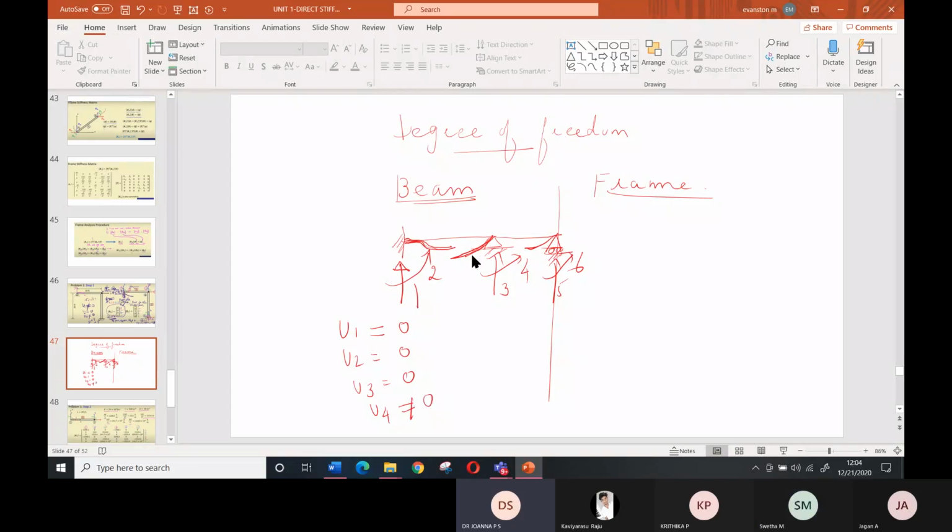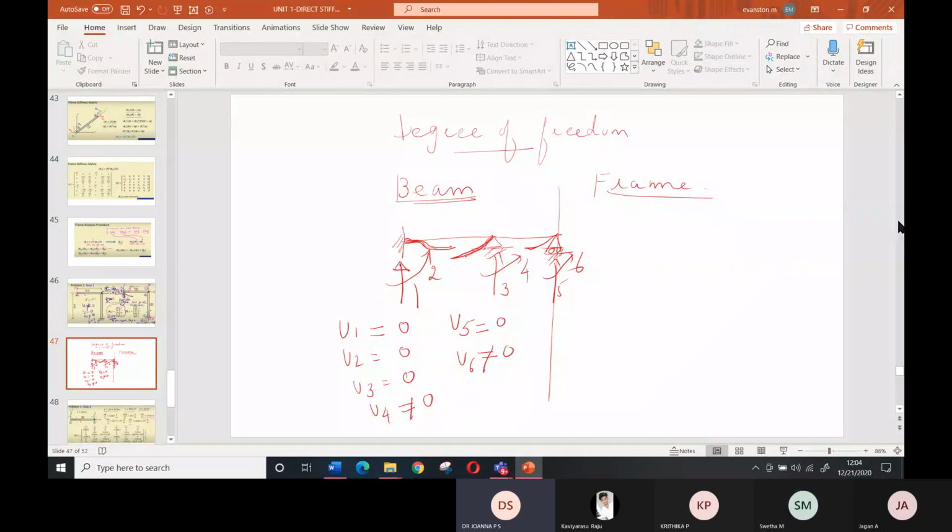How much it is rotating, we don't know. Depending upon the load, it will rotate. Then what about U5? Equal to 0. U6 is not equal to 0. So whenever it is free, it is allowed.